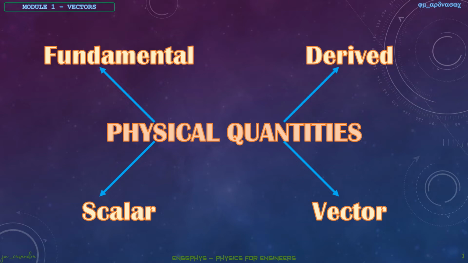Scalar quantities are quantities that only have a magnitude but no direction. Vectors are physical quantities used to define characteristics together with their direction. Okay?